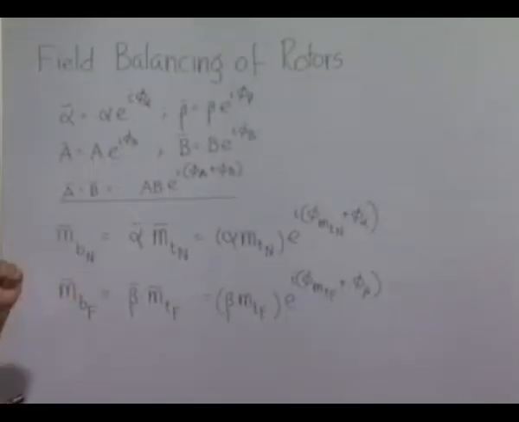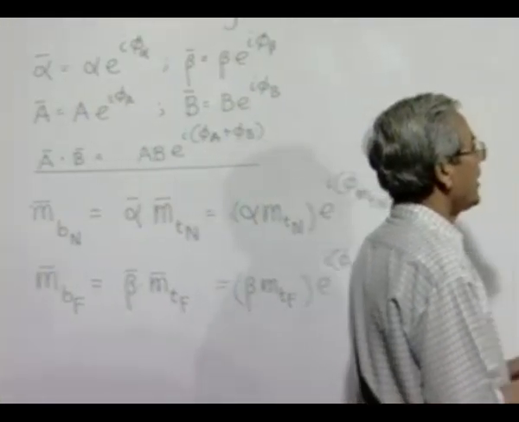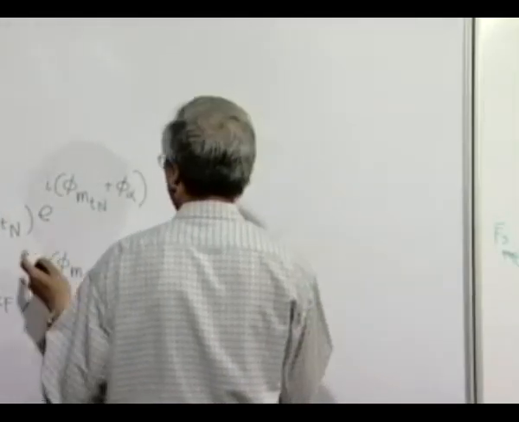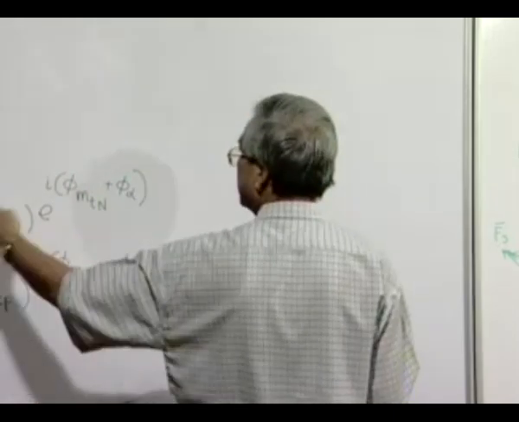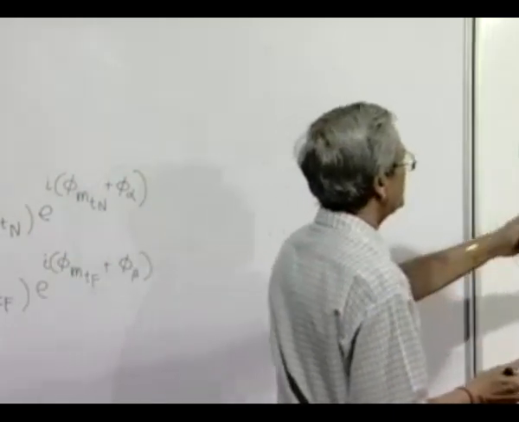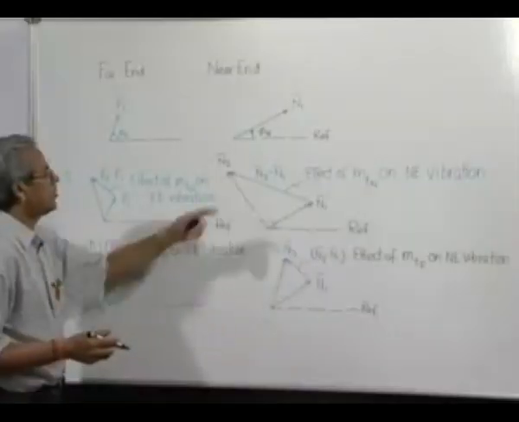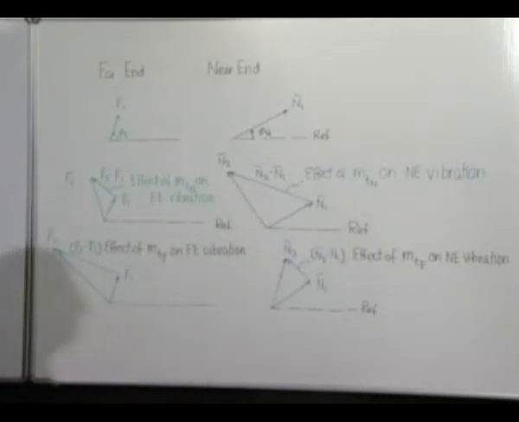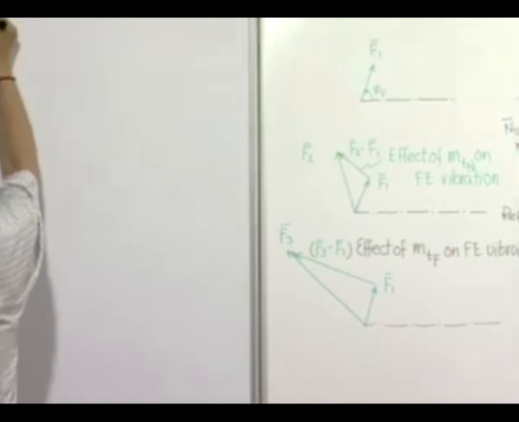But what is the condition? The condition is that when these are placed simultaneously, the total effect at the near end should be minus N1 and the total effect on the far end should be minus F1. So, let us see how we represent it mathematically. What is the effect of MTN at the near end? This one. So, what will be the effect of alpha into MTN at the near end? It will be alpha times this vector.